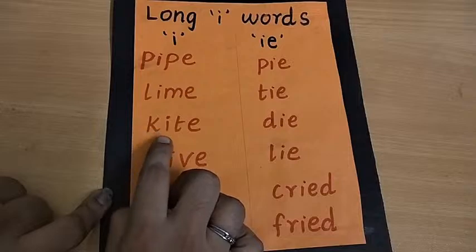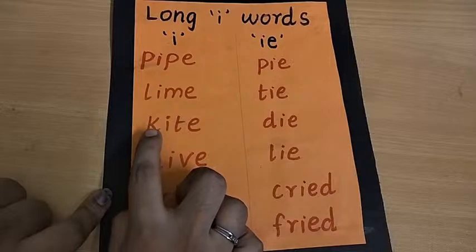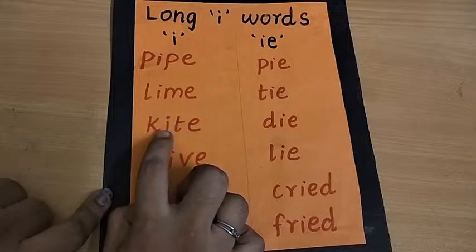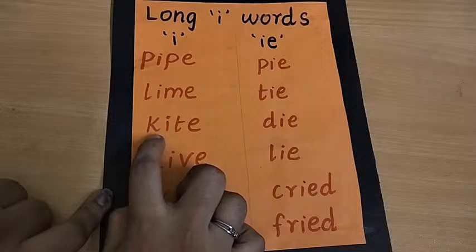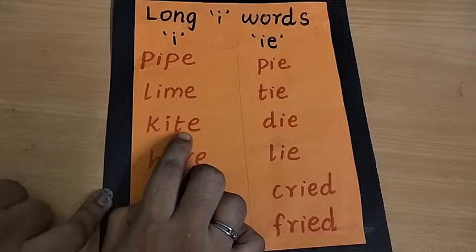K, I, T, E. The sound of K is K. Next, you have the letter E at the end. So the vowel takes its original sound, that is long I sound. K, I, T. The sound of T is T. So K, I, T. Kite.